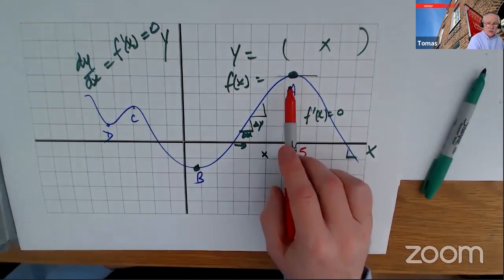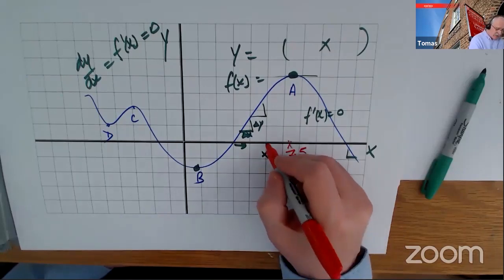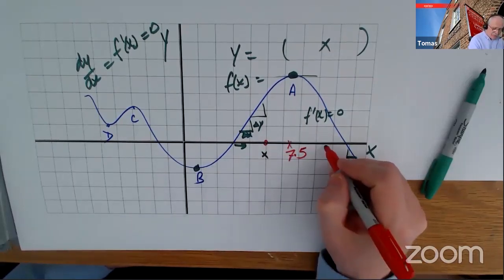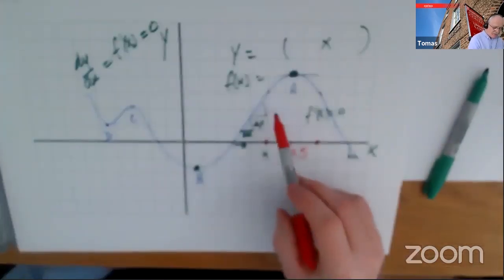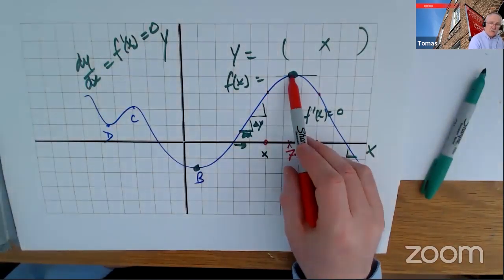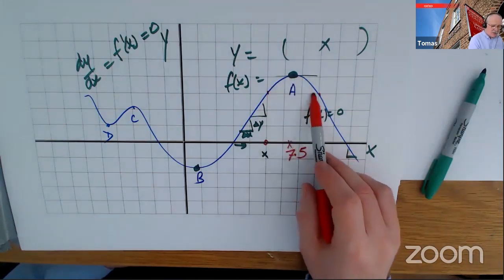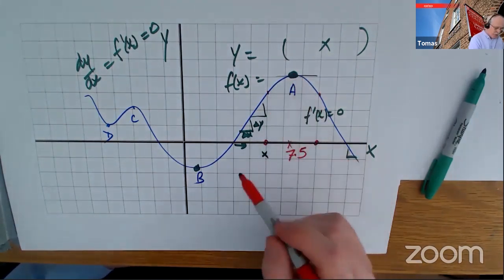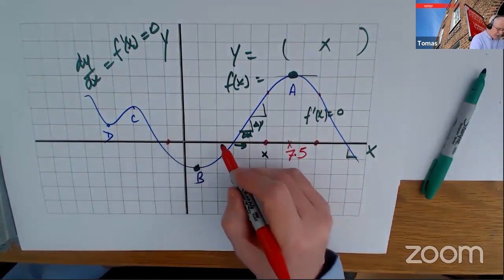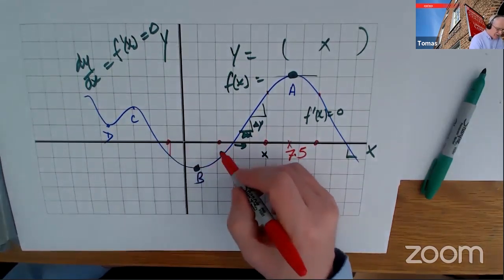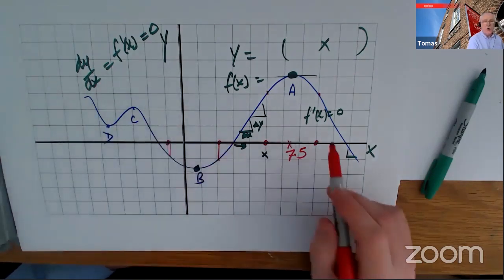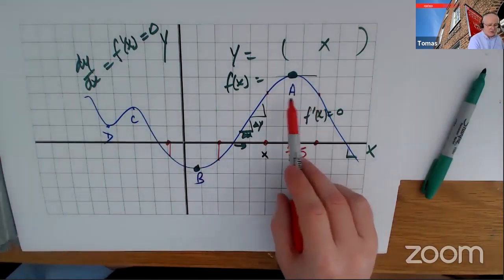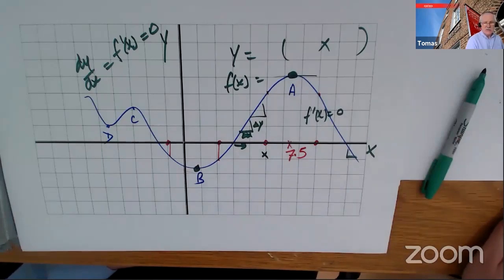You know it's got dy/dx is 0. You could take the value at 6 here and the value at, say, 9 here. And if it's gone from higher than that to lower than that, then you'd know that it's a max. Whereas here, if you had taken this value and this value, you could see that the values were going lower in that range. So you don't have to draw the whole lot. Just take a point before it and afterwards and find out if it's a max or a min.